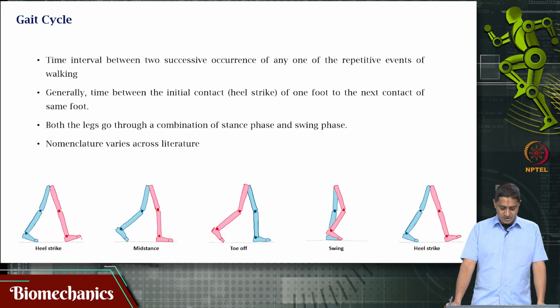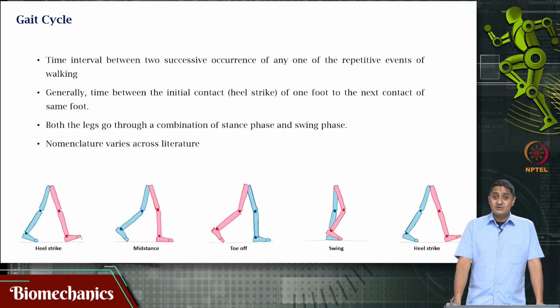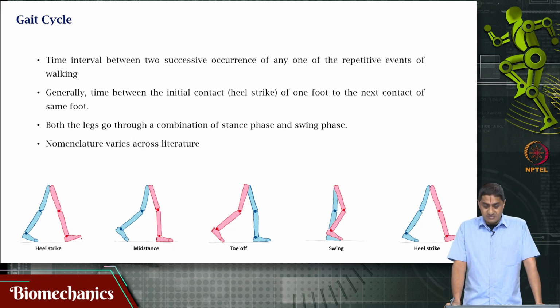Okay. And both the legs go through these phases, right. The stance phase, during which the leg is in contact or the foot is in contact with the ground, and the swing phase, during which the foot is in the air, right.